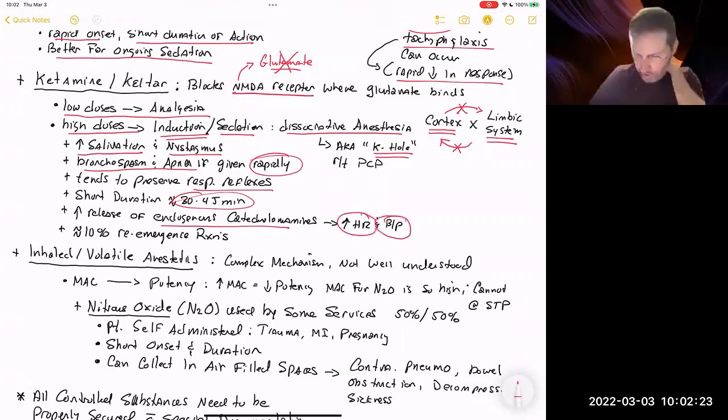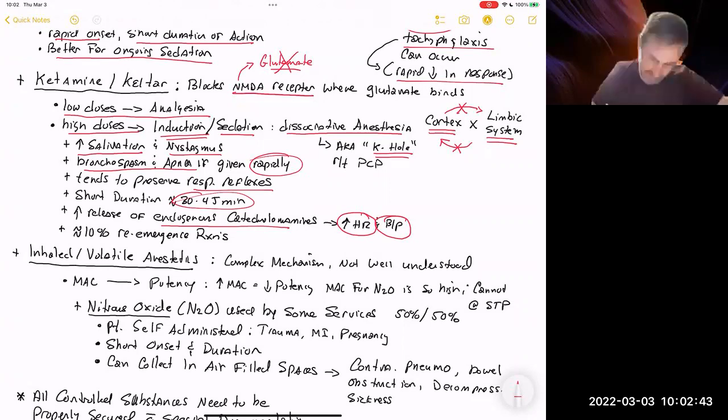So you tend to get an increase in heart rate and blood pressure. So ketamine may be a good agent to use if you have a very shocky patient and you're worried about their blood pressure. If they're catecholamine depleted, like a septic patient, then you won't necessarily see this effect.